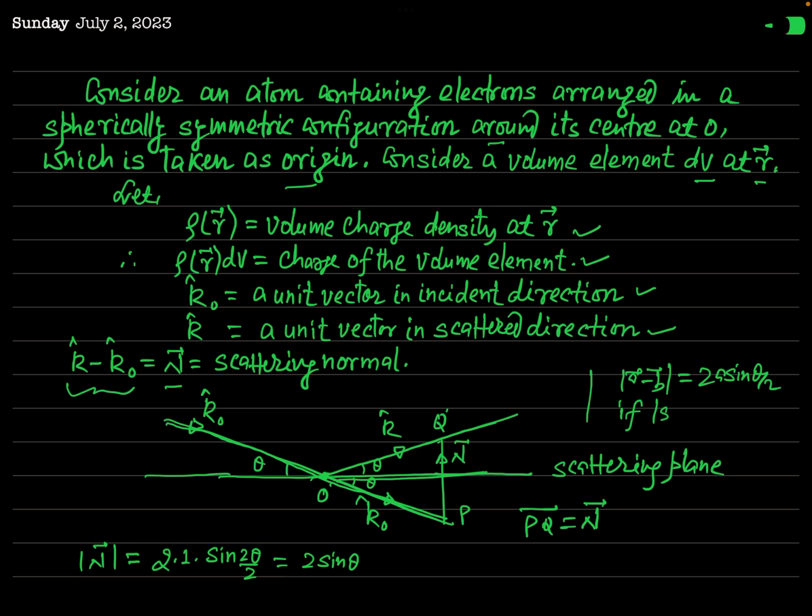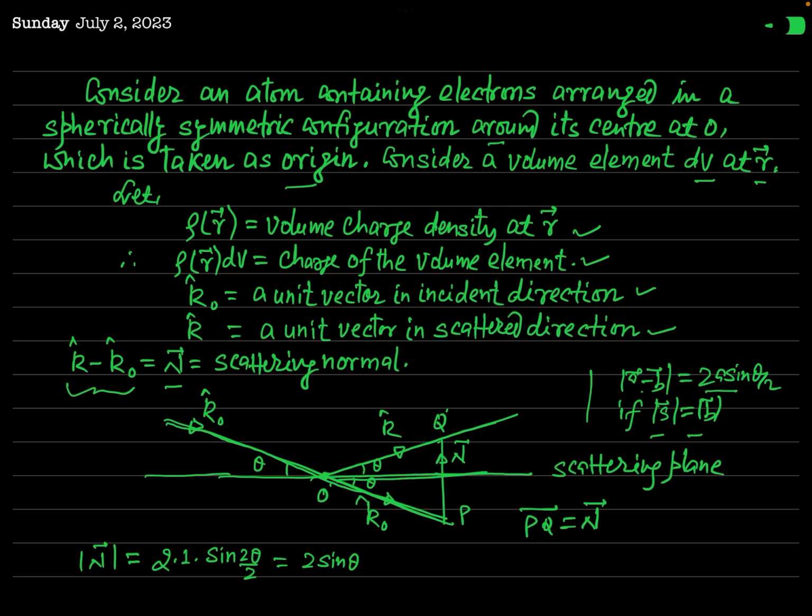If mod of A is equal to mod of B. Do you know this formula? This is just a subtraction of two vectors of equal magnitude. When the magnitudes of two vectors A and B are equal and θ is the angle between vectors A and B, then the mod of A minus B is equal to 2A sin(θ/2).